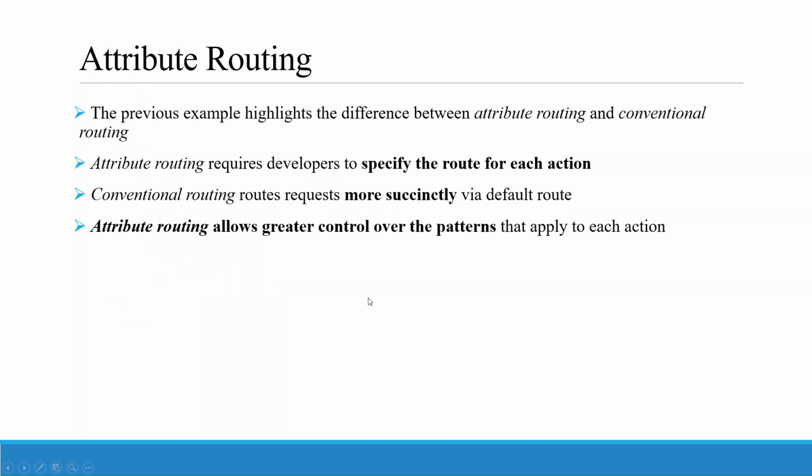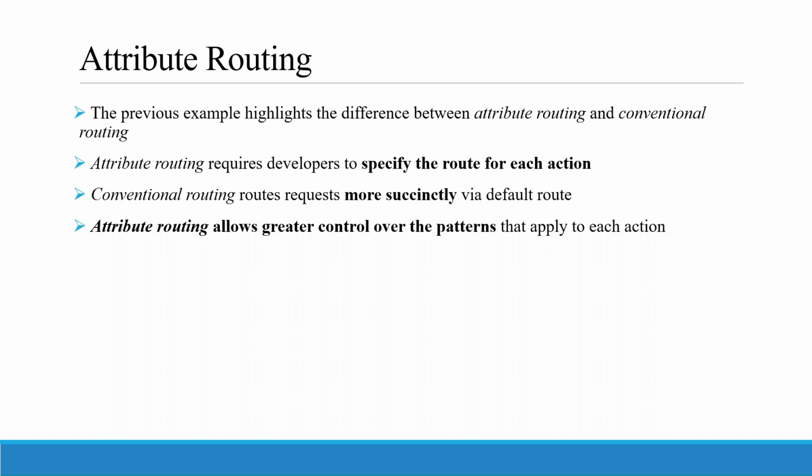So in this example, we saw the difference between attribute routing and conventional routing. Attribute routing requires developers to specify the route for each action. So it's a bit more complex because we have to go to every action and specify the attribute with the specific route. On the other hand, conventional routing routes the request more succinctly via the default route. We just define the default route and then we type the name of the controller followed by the name of the action, and that's it.